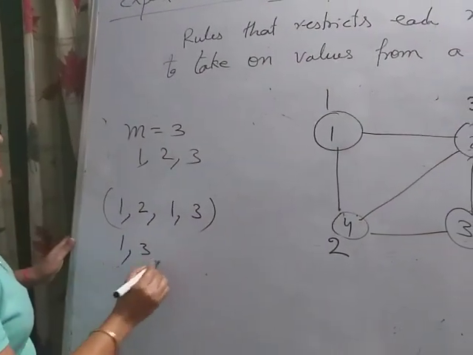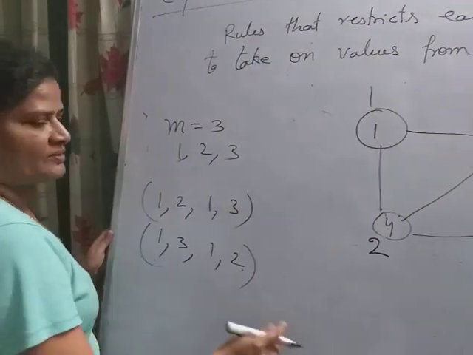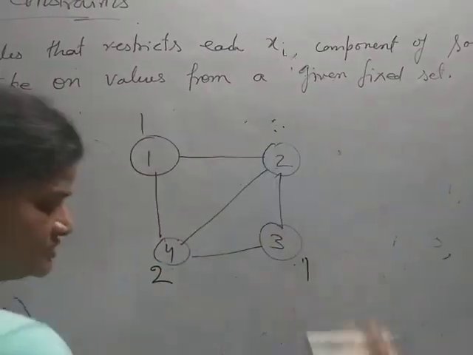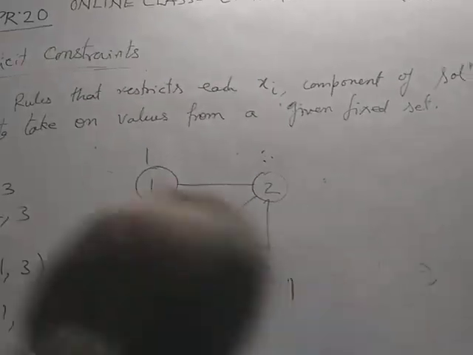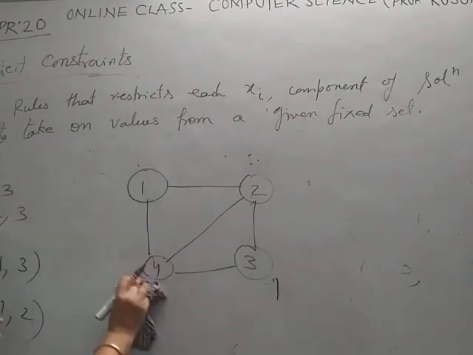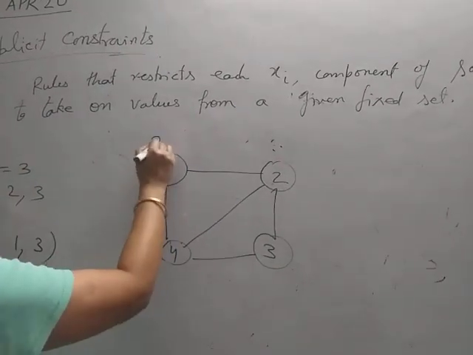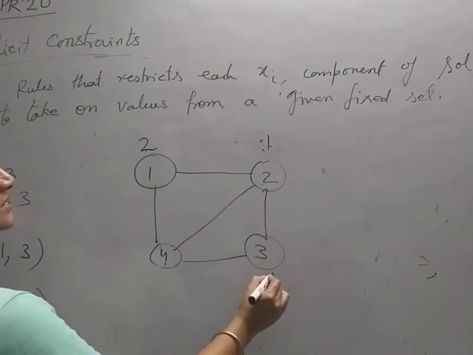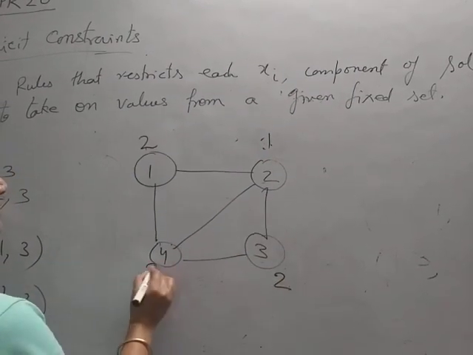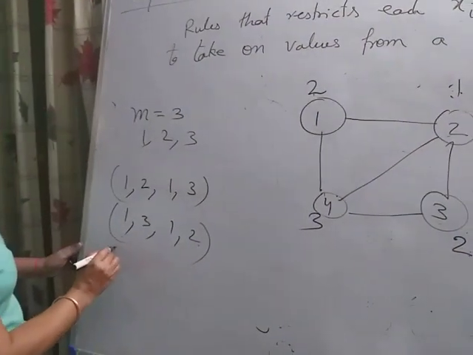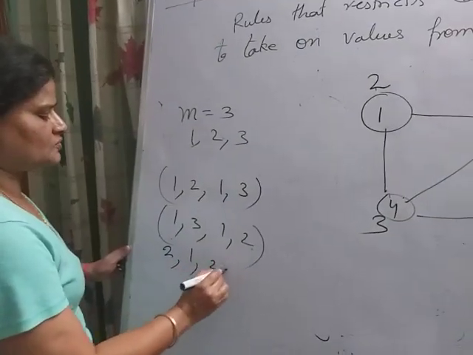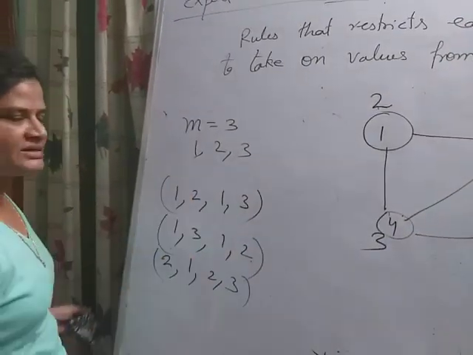And the other solutions, 2, 1, 2, 3. So these are the number of solutions.